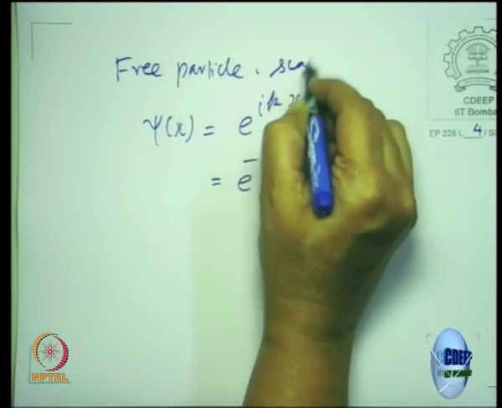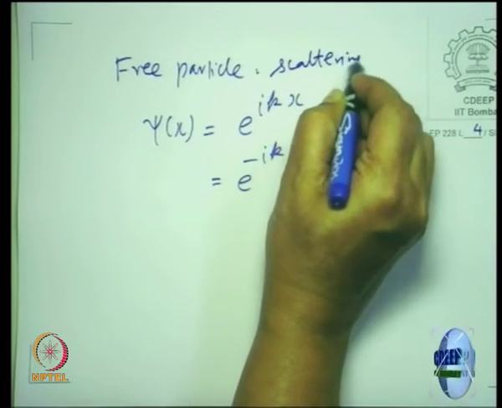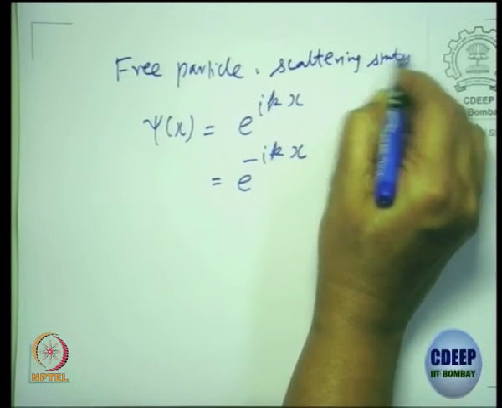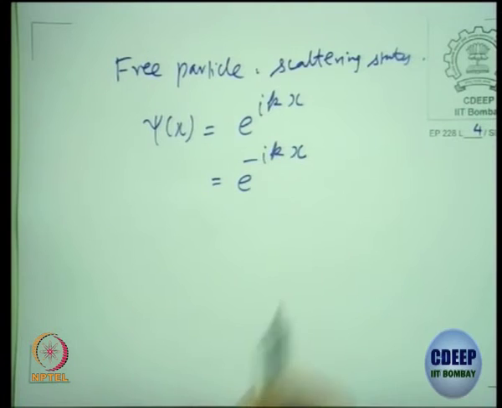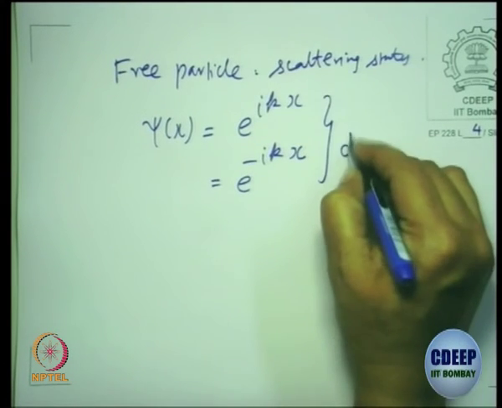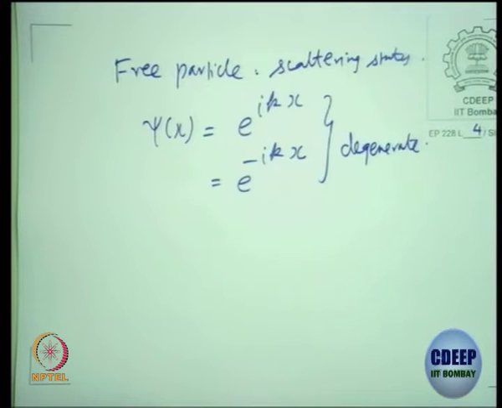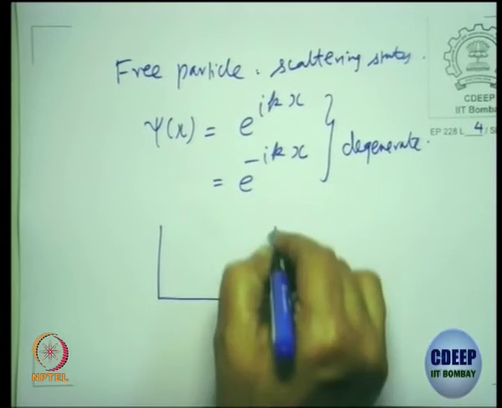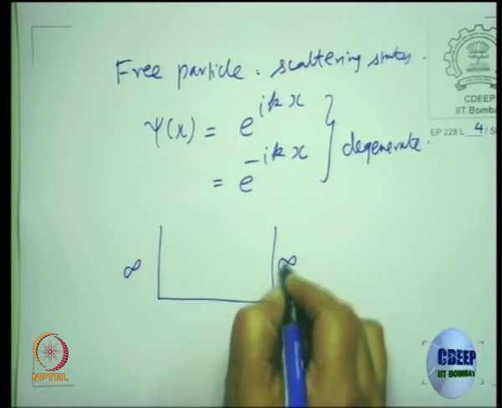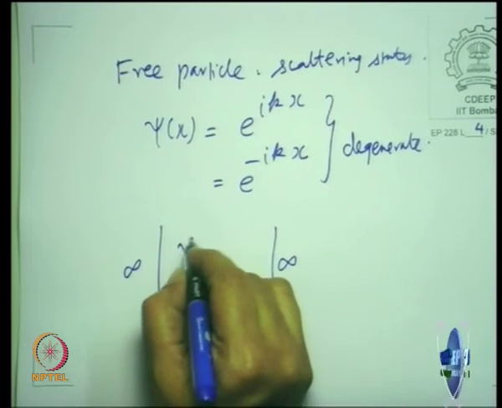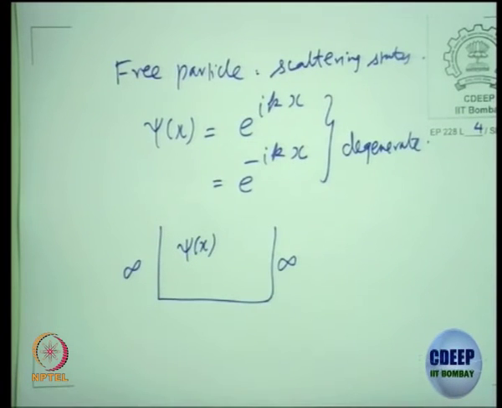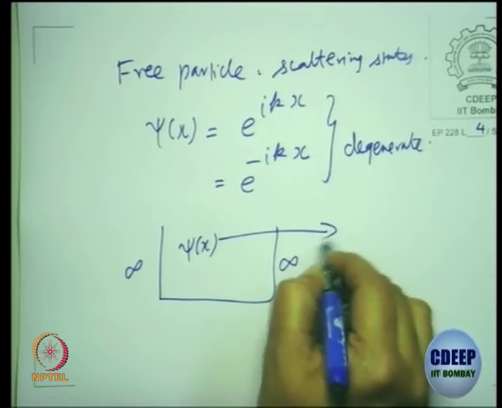You all agree? Scattering states can be degenerate. But once I put them to be bound inside the wall, then it becomes a bound solution, which is non-degenerate.